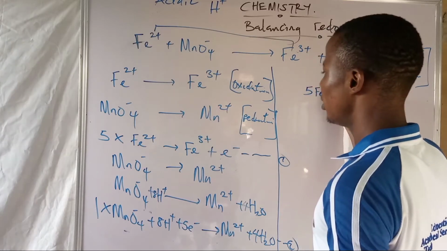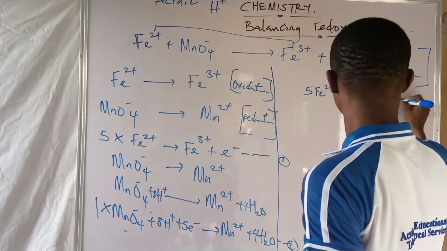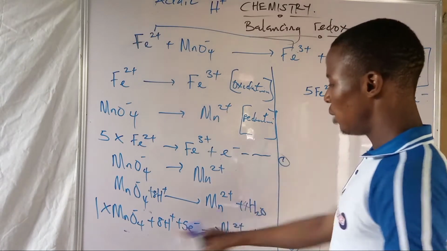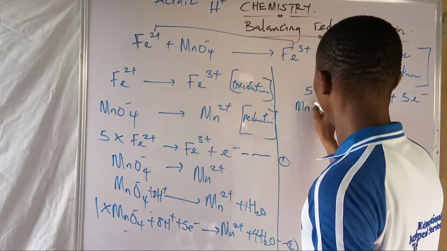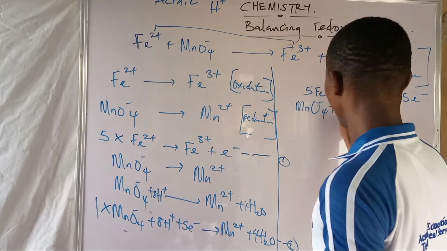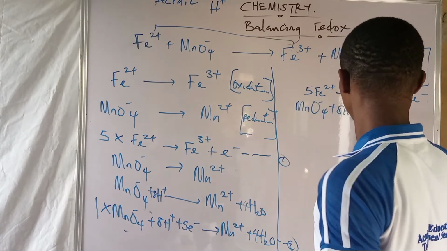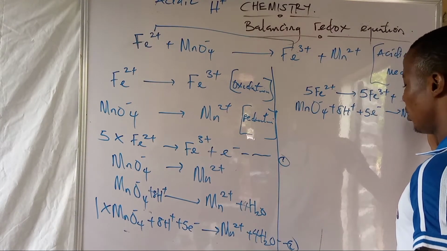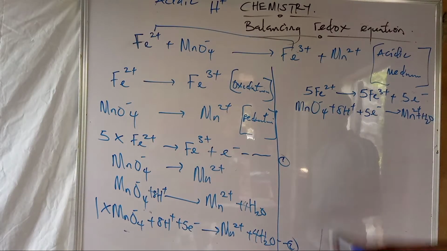So the equation will now turn to 5Fe²⁺ going to 5Fe³⁺ + 5e⁻. This one we also multiply by 1, to give us MnO4⁻ + 8H⁺ + 5e⁻ going to Mn²⁺ + 4H2O. The equation will now turn to this.